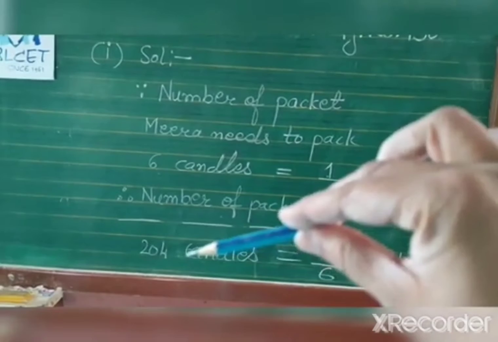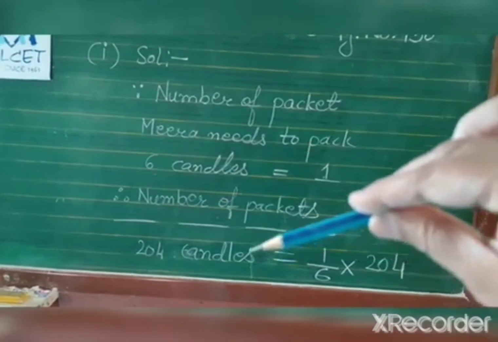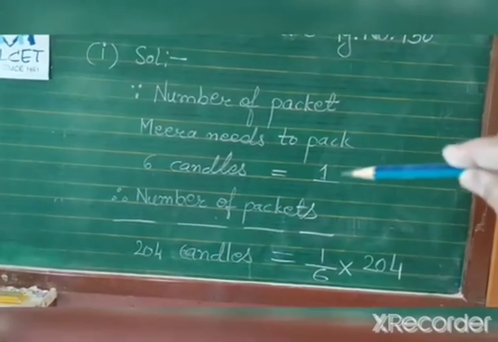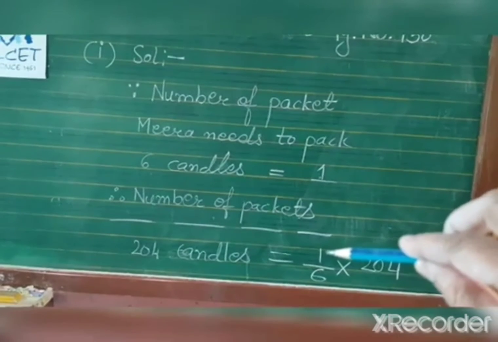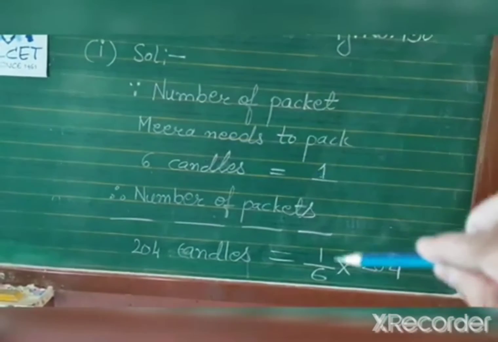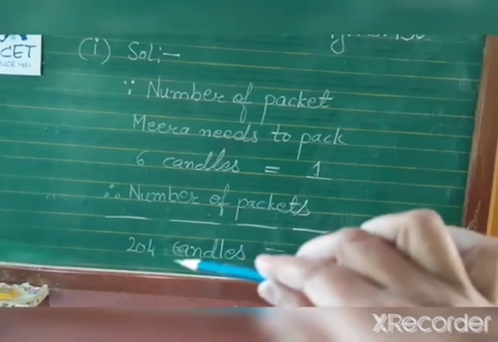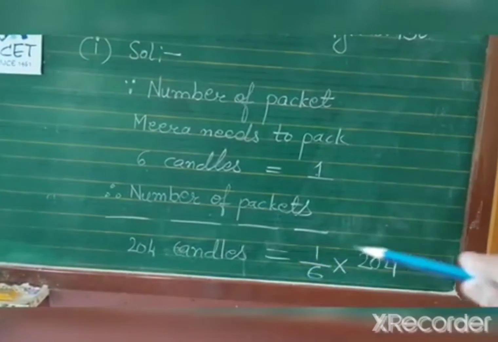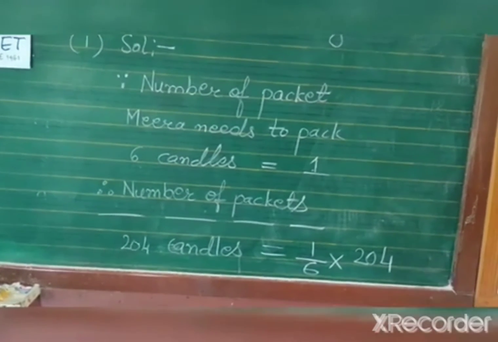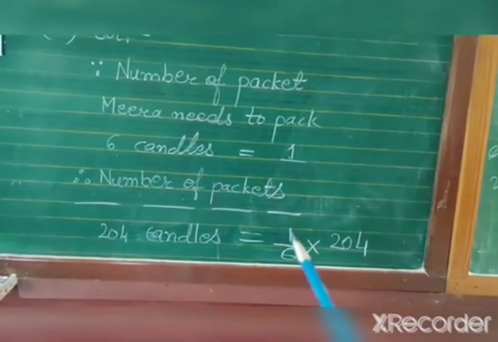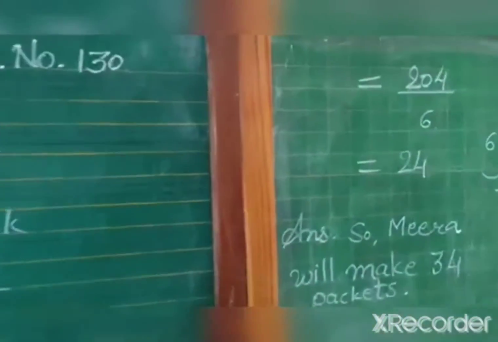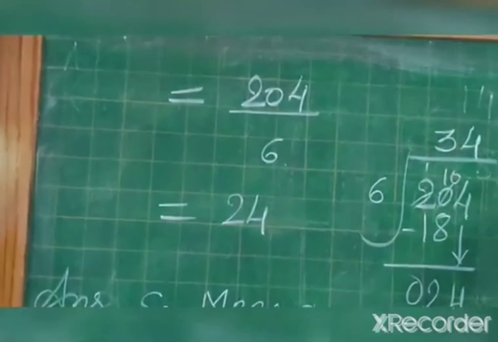How many candles is she having? 204 candles. So always what we do? This number we will keep in the numerator, this in the denominator, and with the multiplication sign this number we will write in the numerator. So 204 ones are 204 divided by 6.